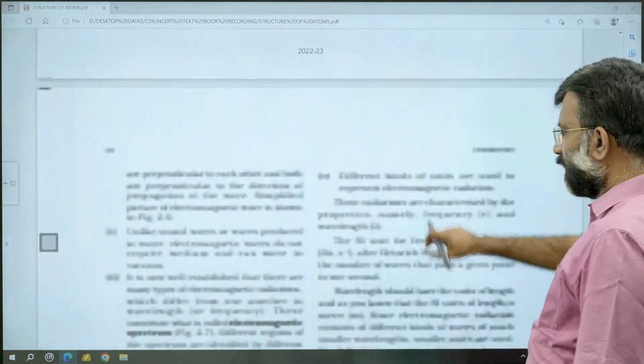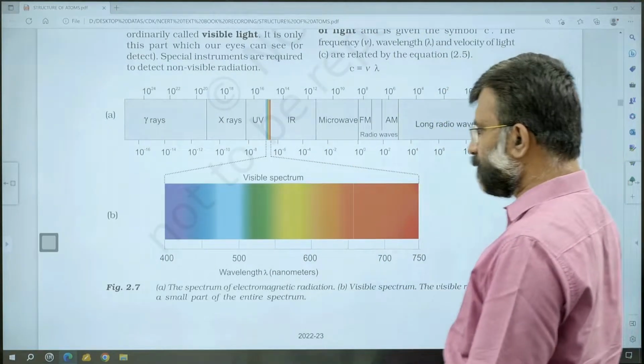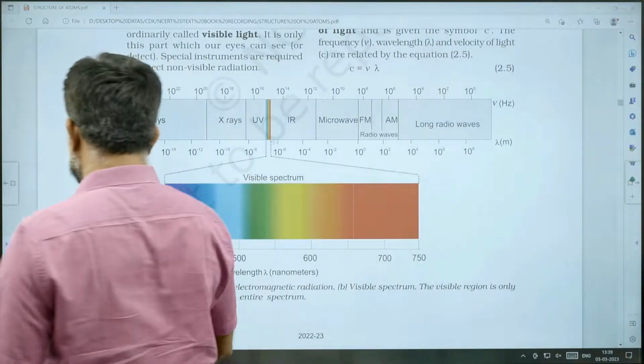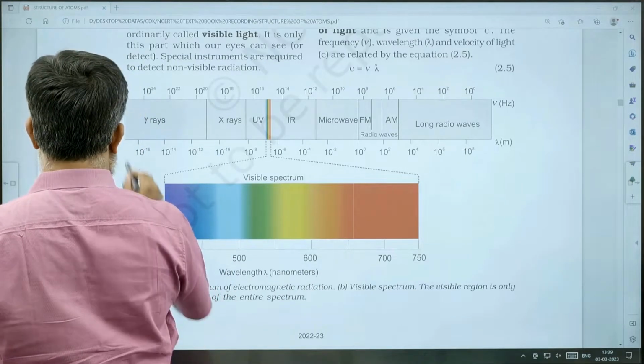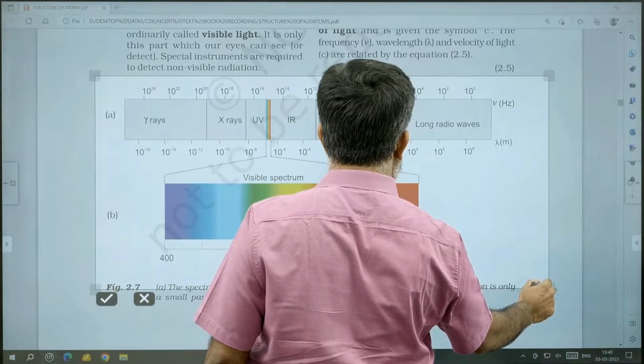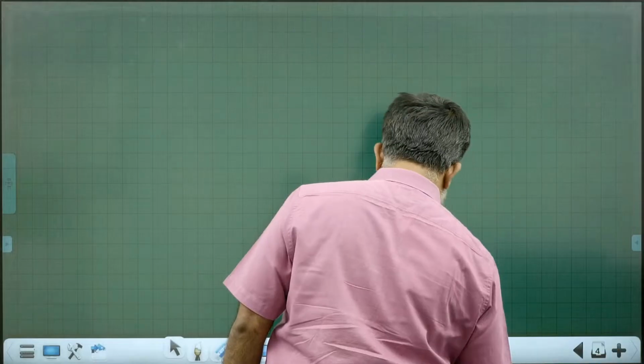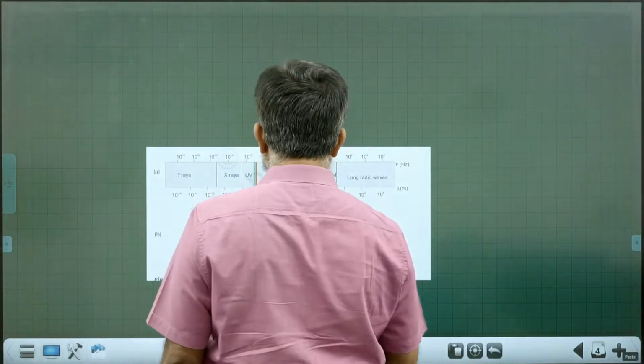These are the electromagnetic waves, and this is called the electromagnetic spectrum. Studying about the electromagnetic spectrum is very, very important.